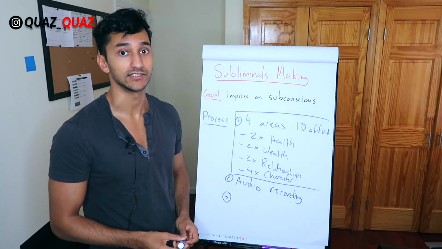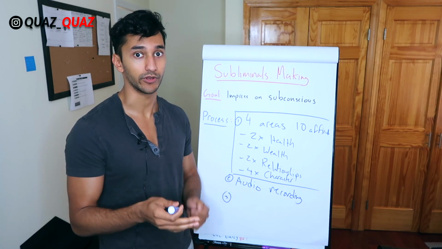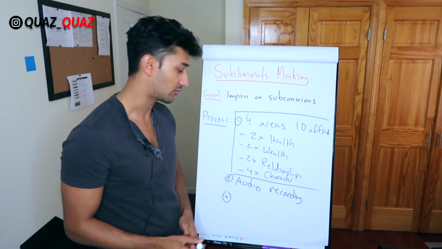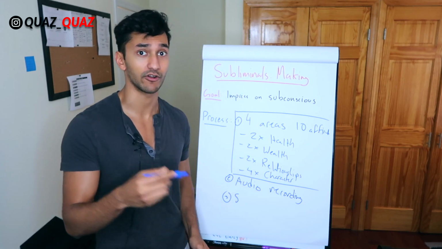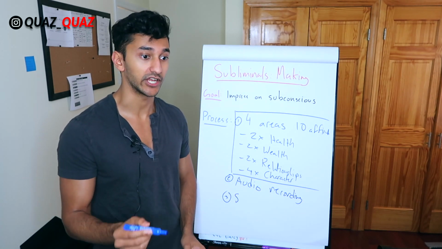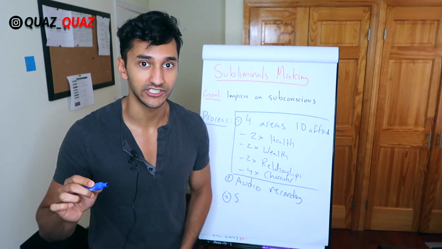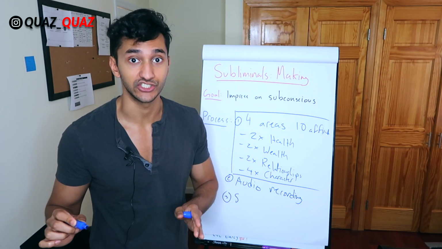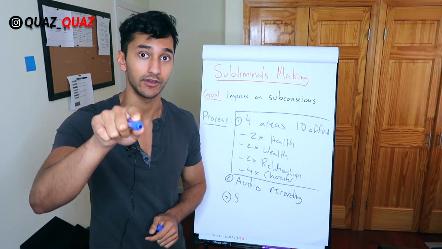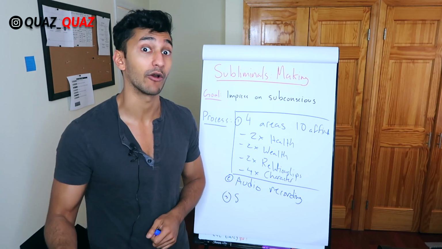Finally, what you want to do is begin syncing up your audio to music. You want to find solfeggio frequencies. I don't know if you're familiar with solfeggio, but essentially 417 hertz initiates change. In the training video later, I'll explain how to do this process.